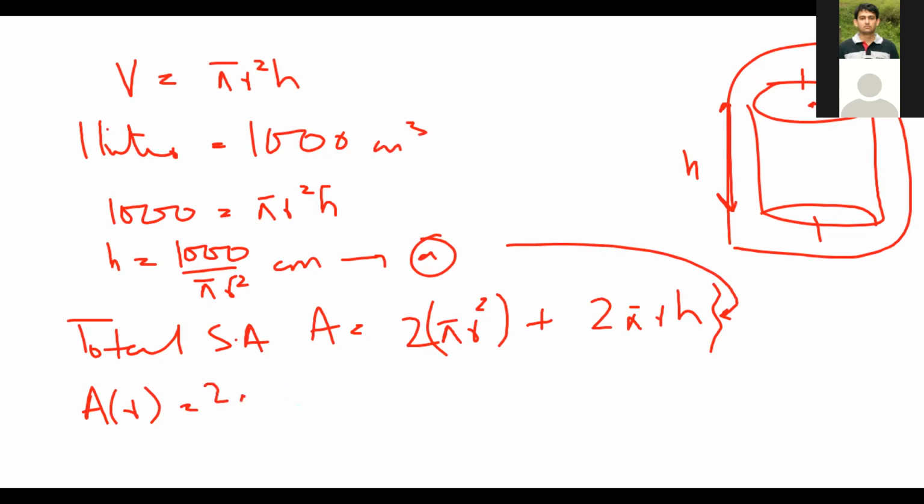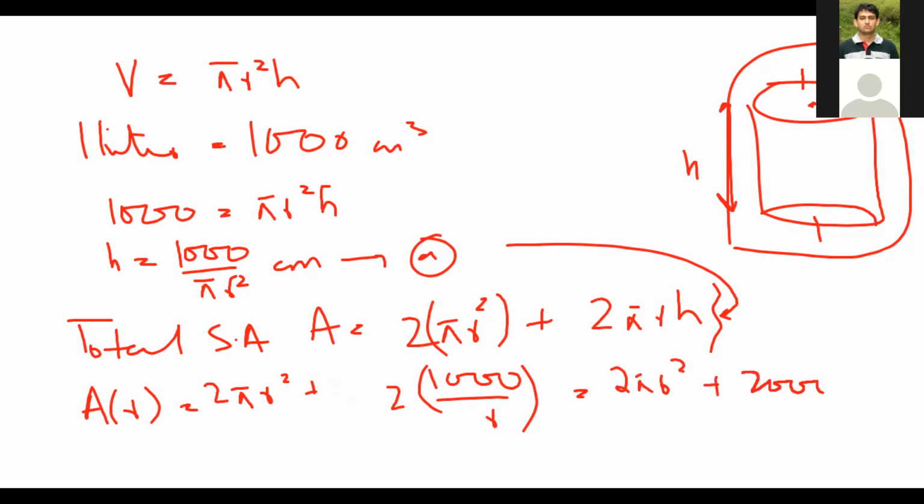So this is 2 pi r squared plus 2 pi r multiplied with 1000 divided by pi r squared. So I'm just canceling everything out. So this is going to be 2 pi r squared plus 2000 r to the power of minus 1. So this is going to be the equation of A of r, right? That's how I'll get this thing.